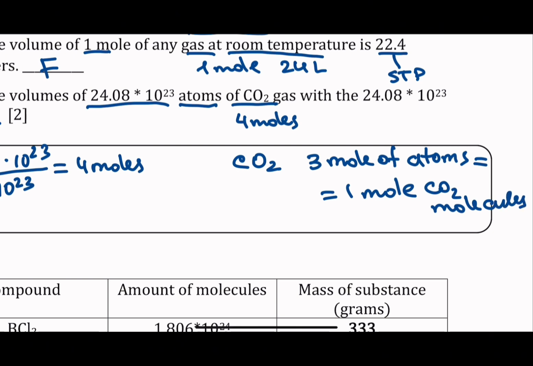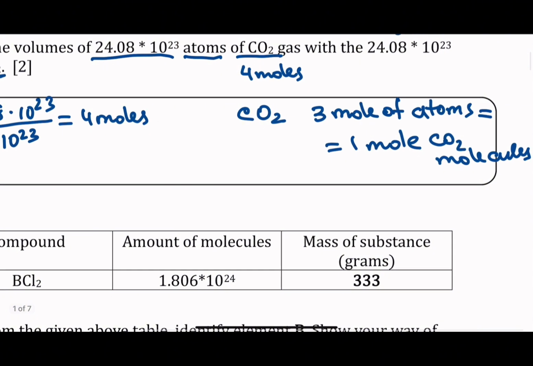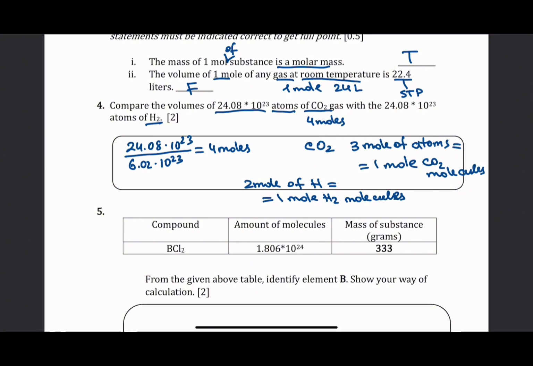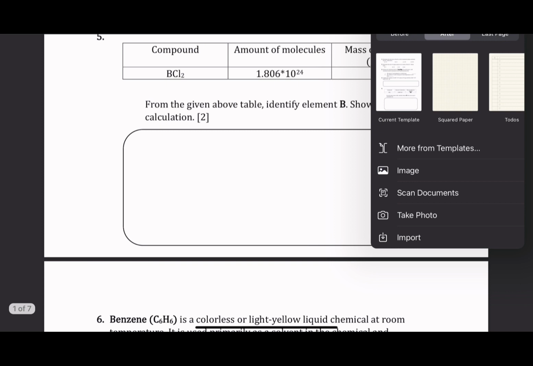On the other hand, when you have 4 moles of hydrogen atoms, we know that 2 moles of hydrogen atoms come together and give you 1 mole of H2 molecules. Now we need to convert the numbers we got for the atoms into molecules, and we're going to do that using a proportion.